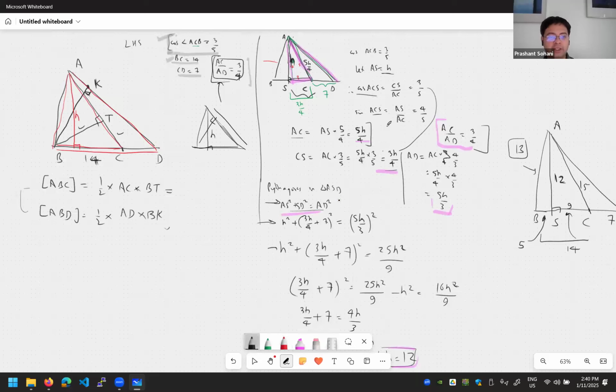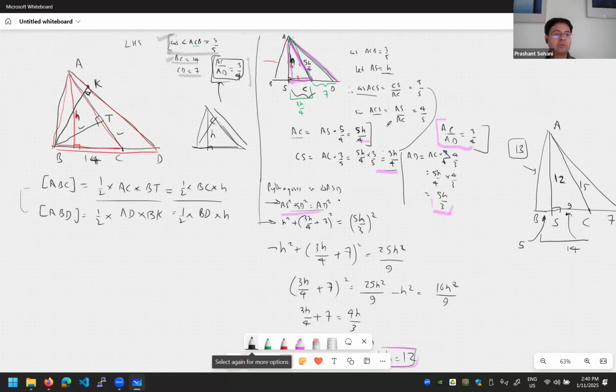So if I write the area, for triangle ABC it is half into base BC into height. If I'm calling this small h, then for this it is half into BD into h, right? And now I can take the ratio of both. If I divide and equate, lots of things are going to get cancelled.